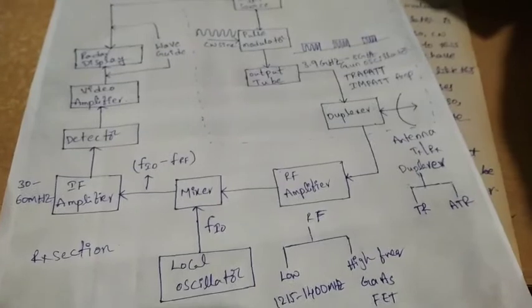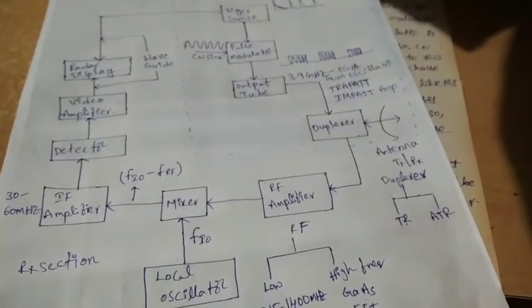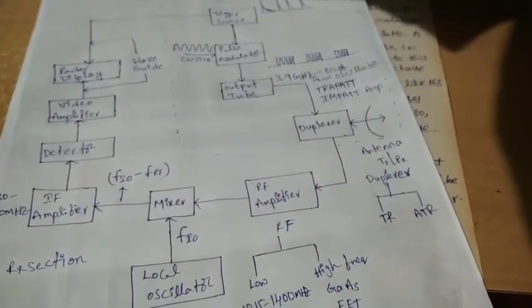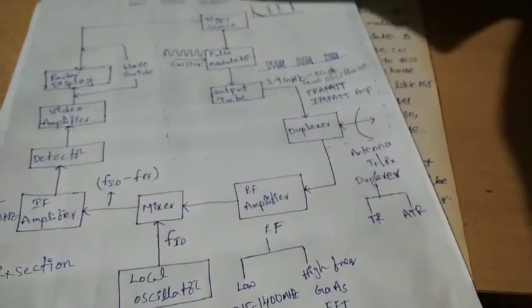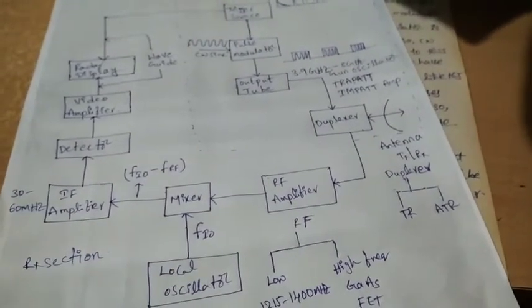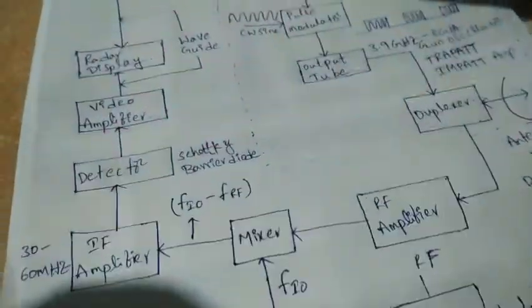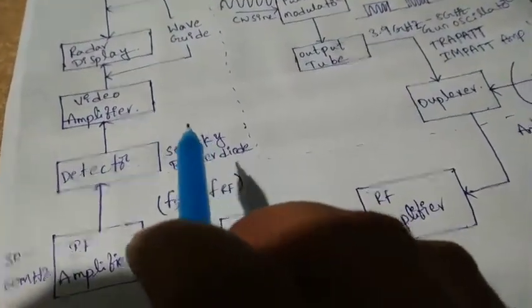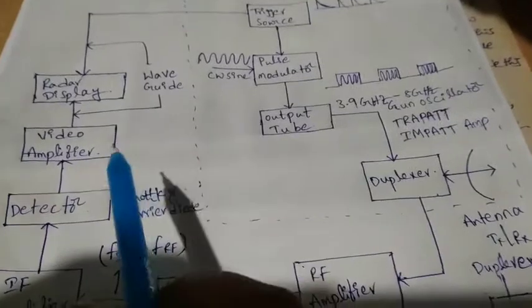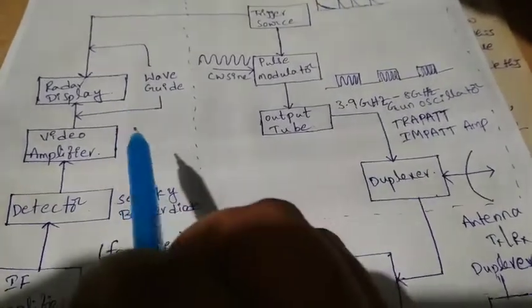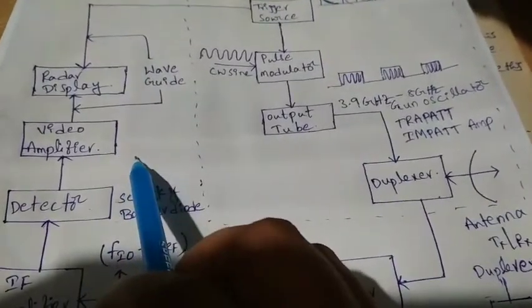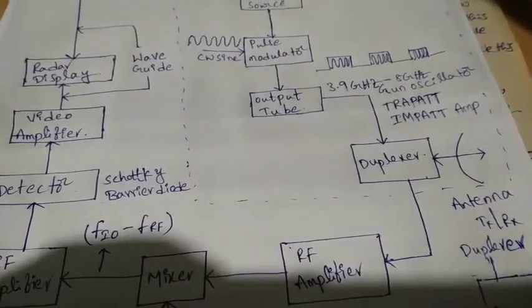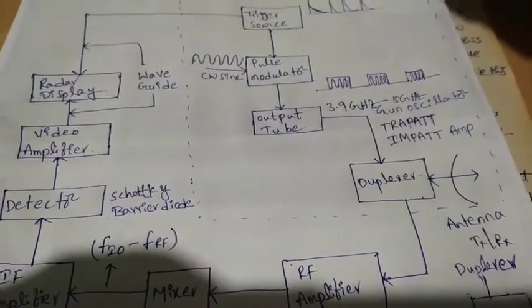The output of the IF amplifier is fed to the detector circuit. For detecting the original signal, we use a Schottky barrier diode. The output of the diode is given to the video amplifier, which amplifies the signal. Then it is fed to the radar display.